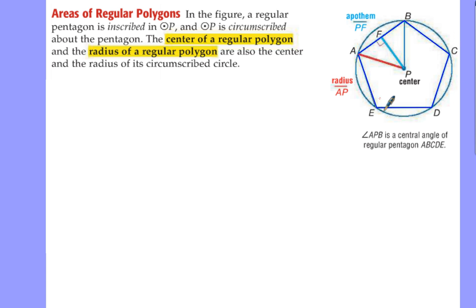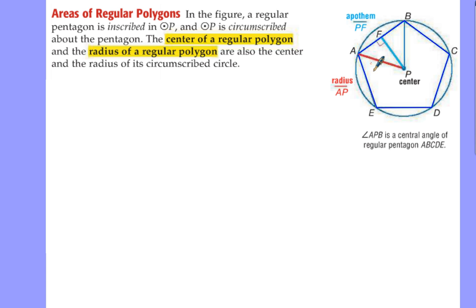If I have a regular polygon, regular means all angles and all sides are congruent to each other respectively. If I circumscribe, if I make a circle around the polygon at each of its vertices, that's circumscribing a circle.